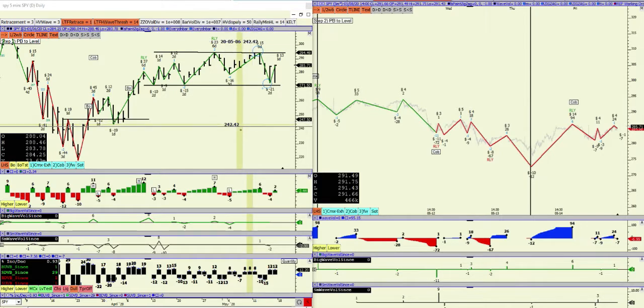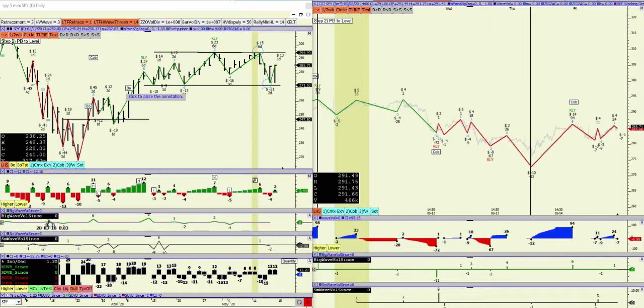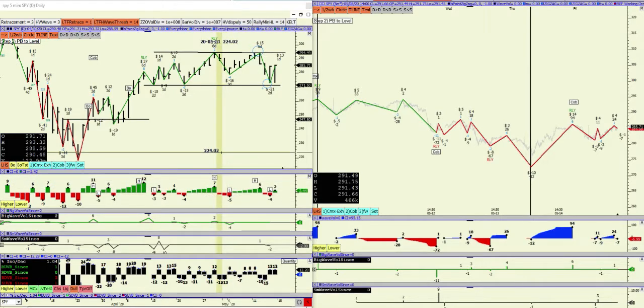Step back. Again, higher and lower. Normal behavior in a trend, in an uptrend, where up waves have more volume than the down waves and are bigger than the down waves.